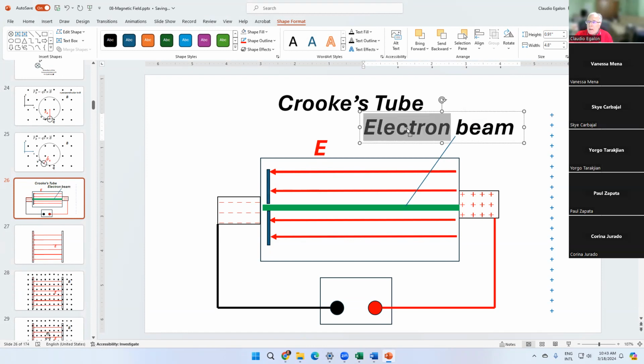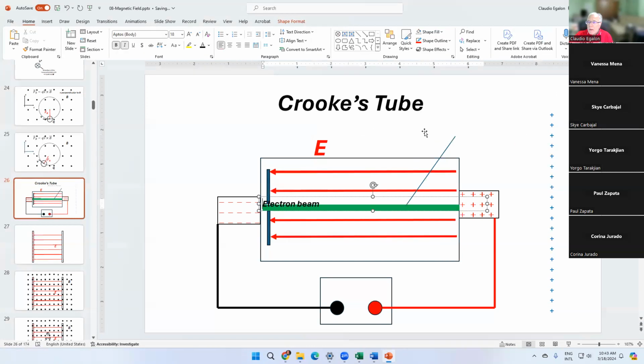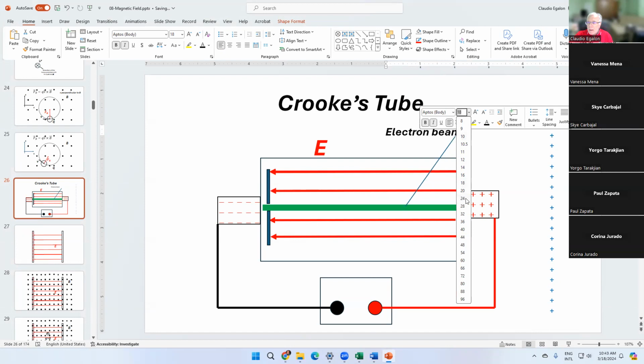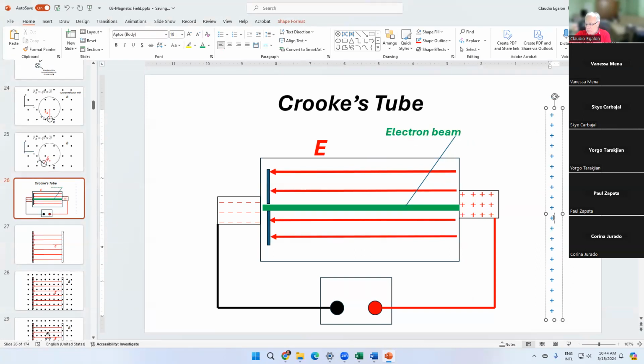Okay. Change a little bit. I got 28. Too small. I'm gonna put it in green color, so electron beam. This one goes away.